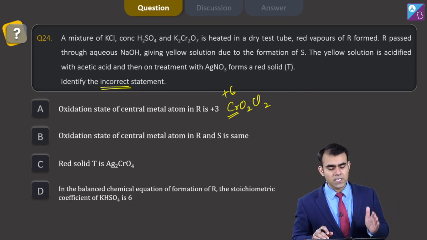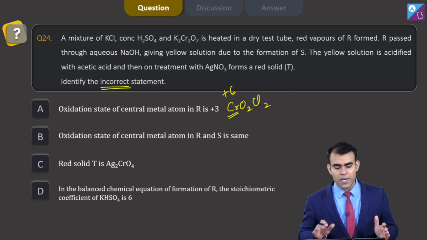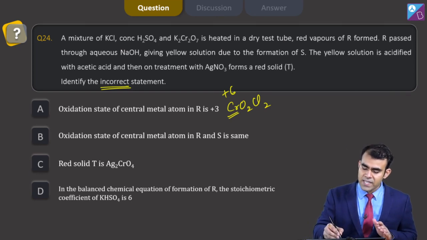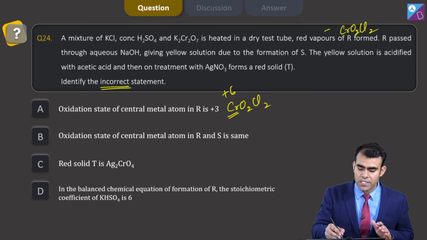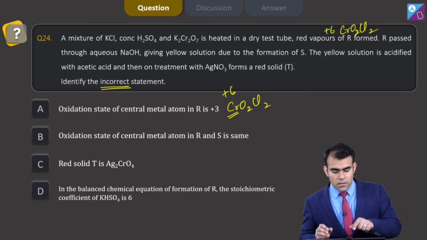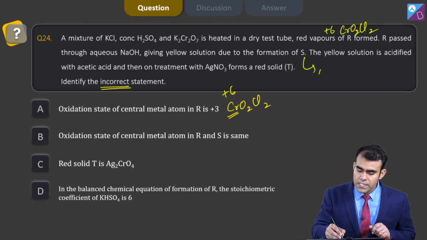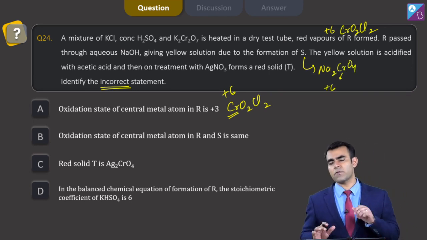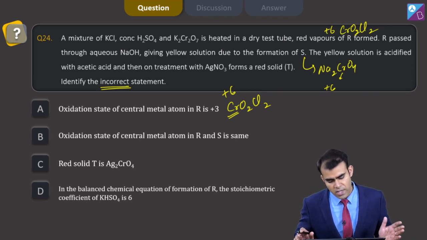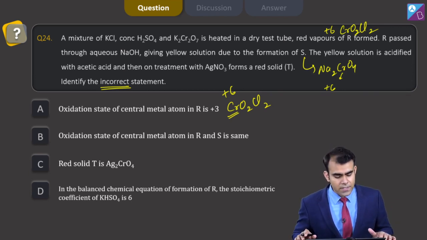The oxidation state of the central atom in R and S is the same. In R we have CrO2Cl2 where the oxidation state is +6, and in S we have sodium chromate, Na2CrO4, and here also the oxidation state of chromium is +6. So yes, this statement is correct.